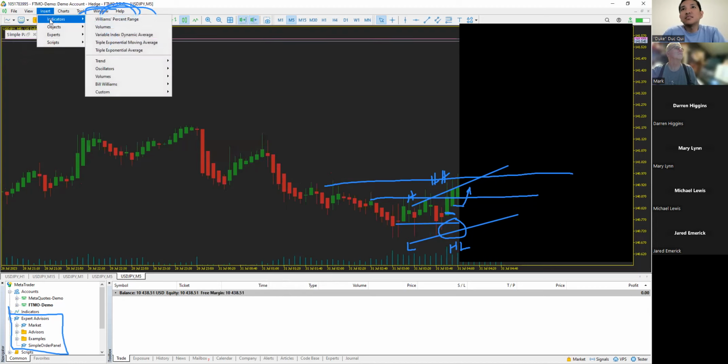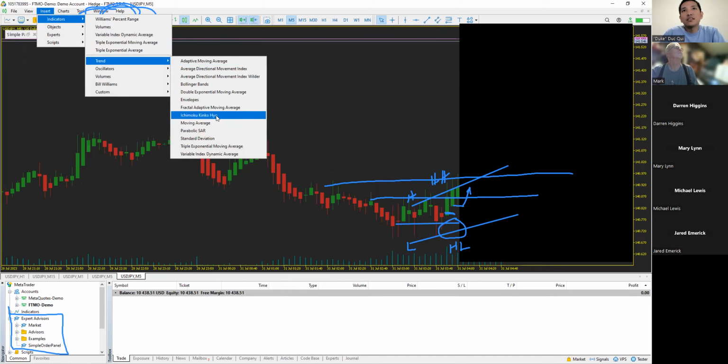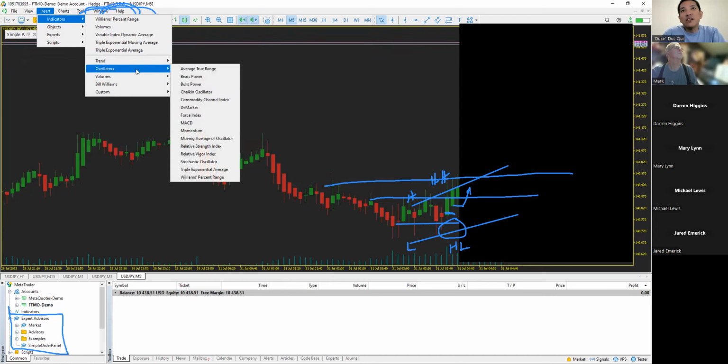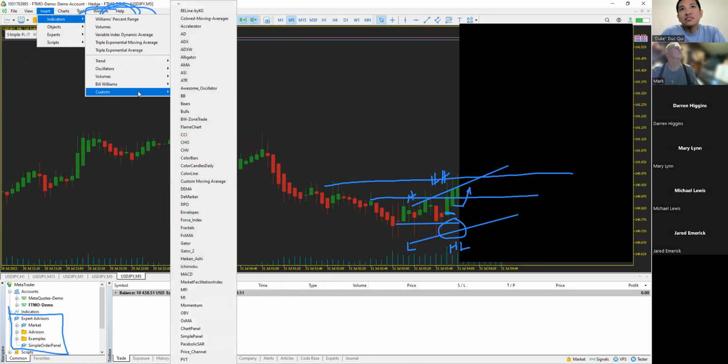Insert indicators here, and then trend, or sorry, oscillators, I think. Nope, where the heck is it? Okay, so they put it in custom, Heiken Ashi.